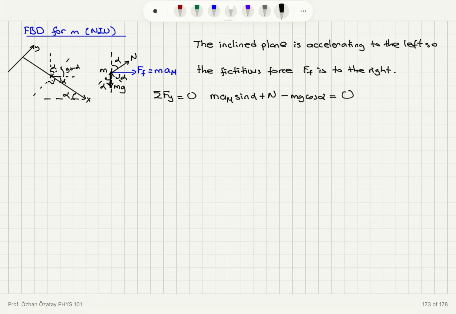Okay, so mg will make an angle alpha with the y-axis, so mg cosine alpha will be its projection.